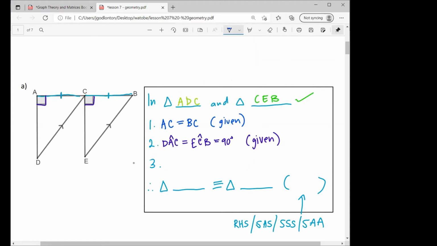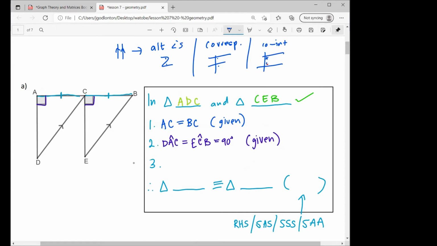So when we get given parallel lines, as soon as we see parallel lines, our brains need to think, okay, it could be alternate angles, which is when we have our Z. It could be corresponding angles, which is when we have our F. Or it could be co-interior angles, which is when we have our U. So when we see parallel lines, those are the three things we need to think of.